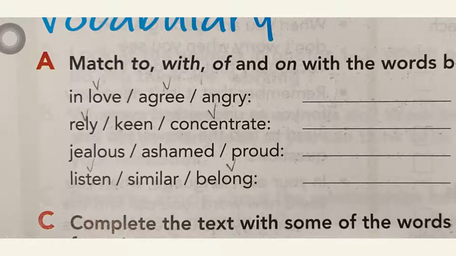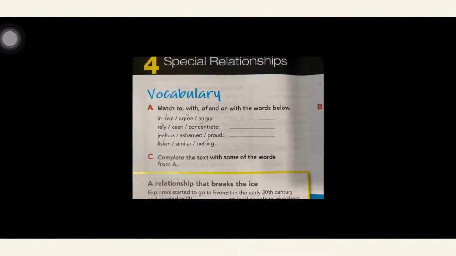But in love, yes, it can be a verb because it is the experience, the thing that is happening at that time. You are being in love, so that is considered a verb. If love is on its own, then it cannot be a verb; it will be an adjective. But because of the word in front of love, it becomes a verb. This is a special case. Other than that, you can stick to the ing tip.